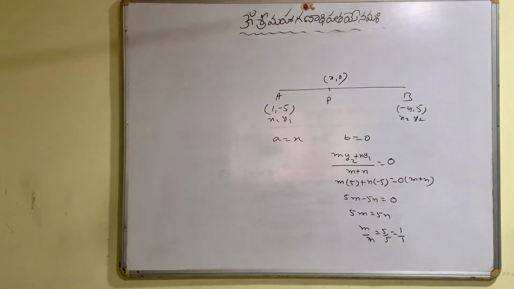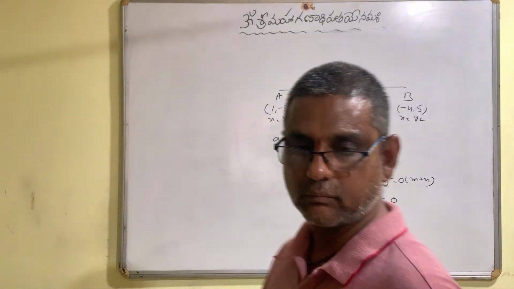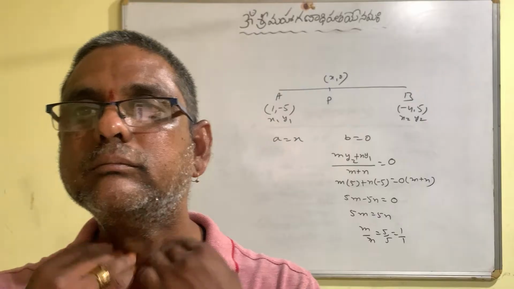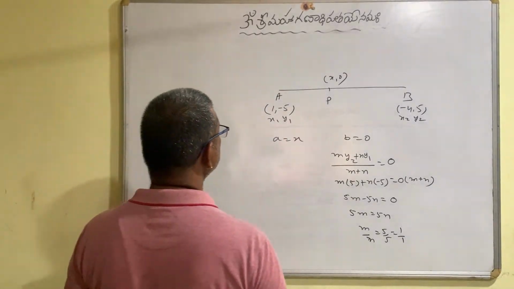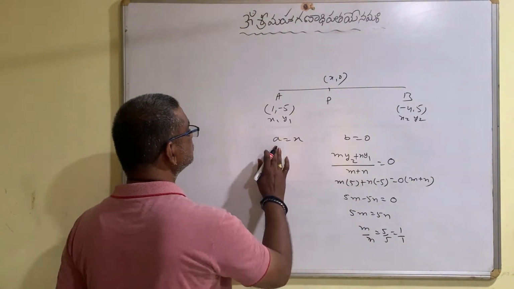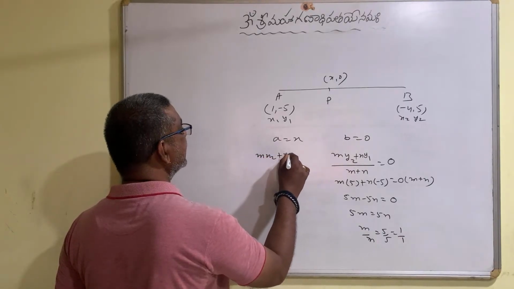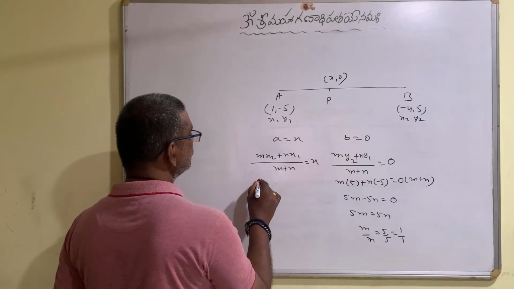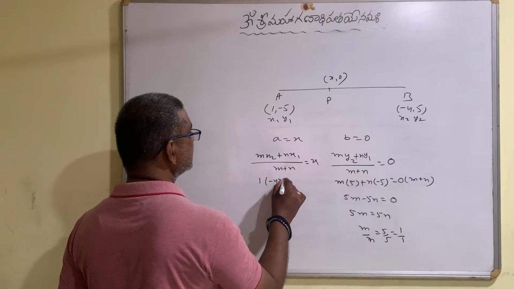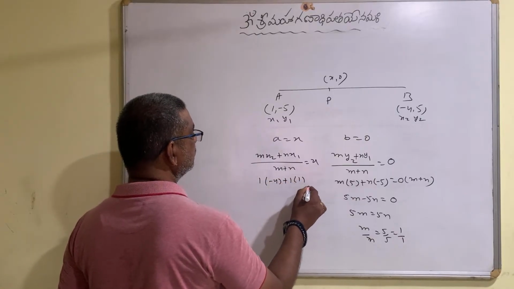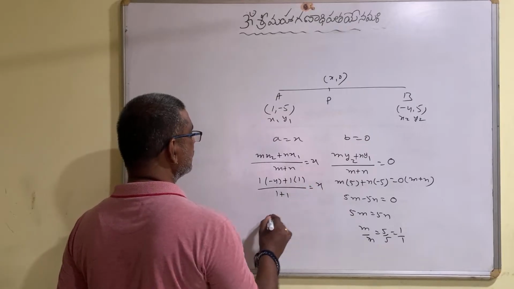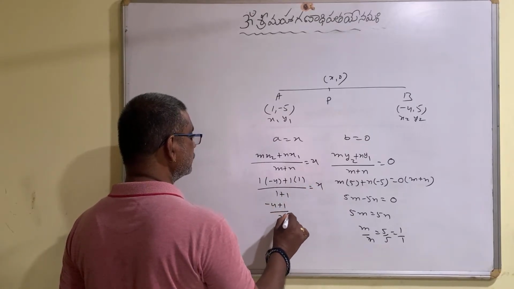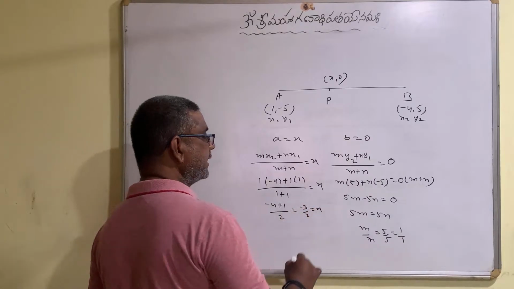Negative 3 by 2. The x value is m x2 plus n x1 by m plus n. So 1 into minus 4 plus 1 into 1 by 1 plus 1. So minus 4 plus 1 by 2 is minus 3 by 2. The x value is negative 3 by 2.